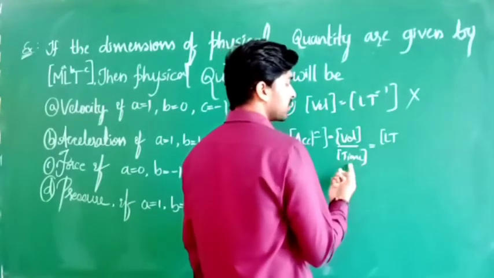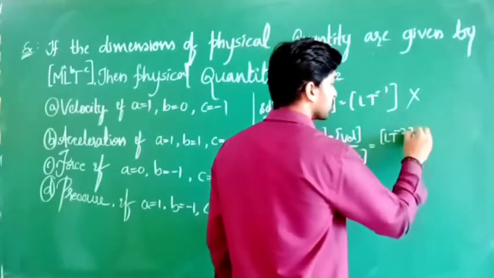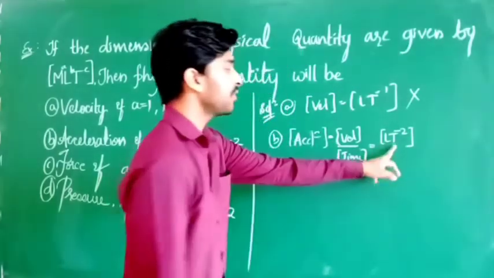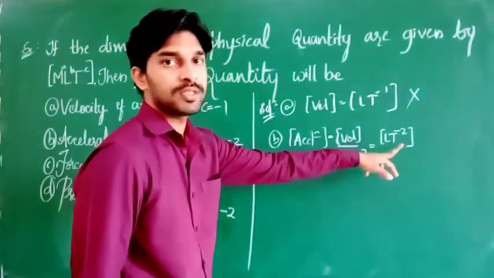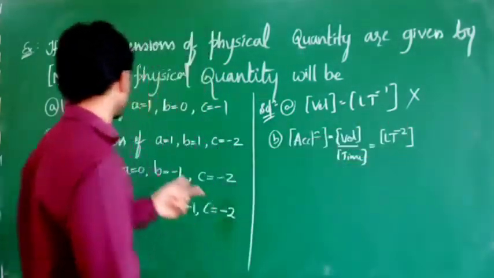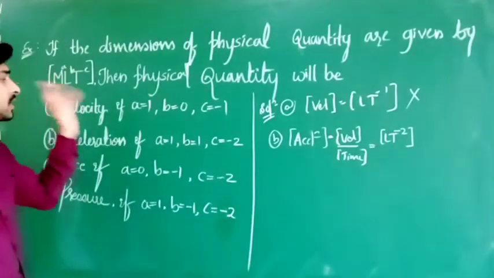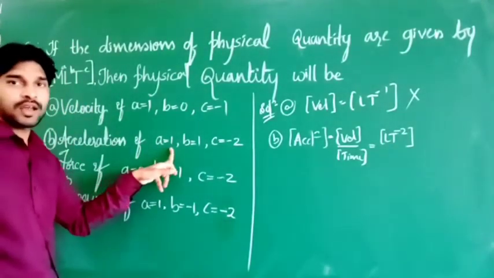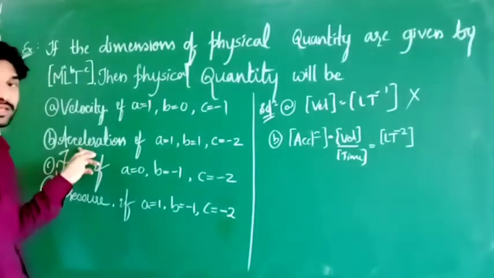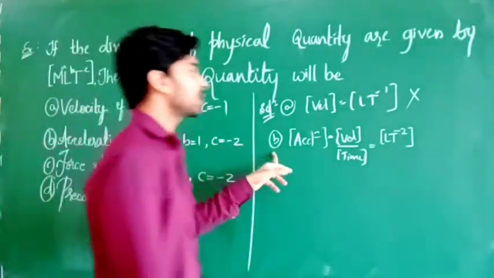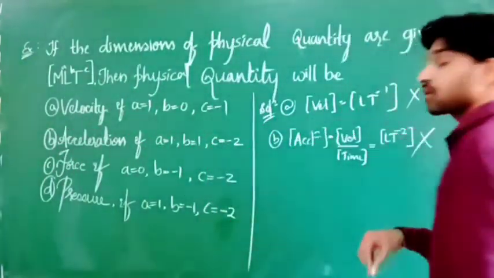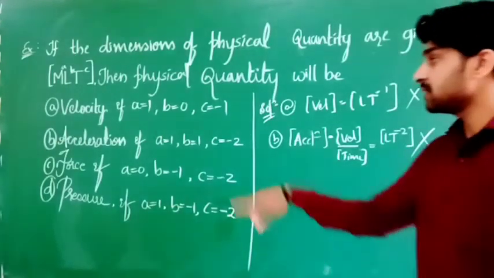L t power minus 1 divided by t is L t power minus 2. Clear? Now here we won't have an m factor. That means m power 0. Check m power a. That means a should be 0. Again, here we have 1 in the second option for acceleration. That means option B is also wrong. Clear? Shall we check for C?